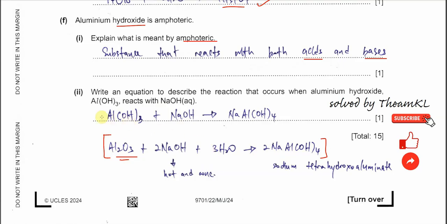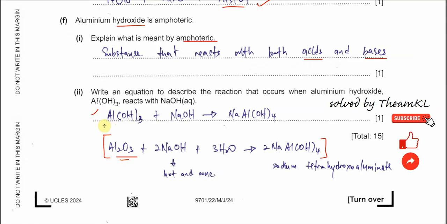If you can recall what you learned in paper 3, the qualitative test: when we add a few drops of sodium hydroxide solution to the aluminium solution, it will form a white precipitate. The white precipitate is aluminium hydroxide.